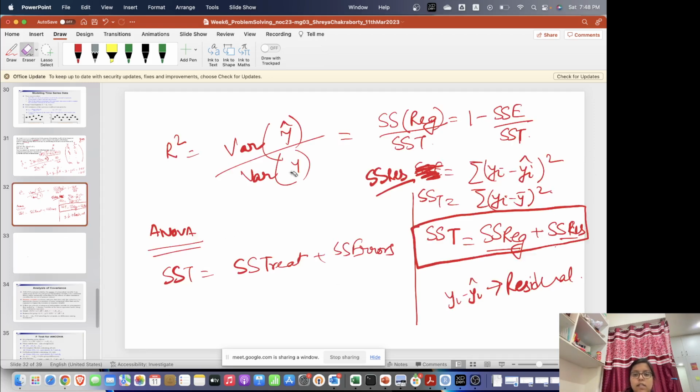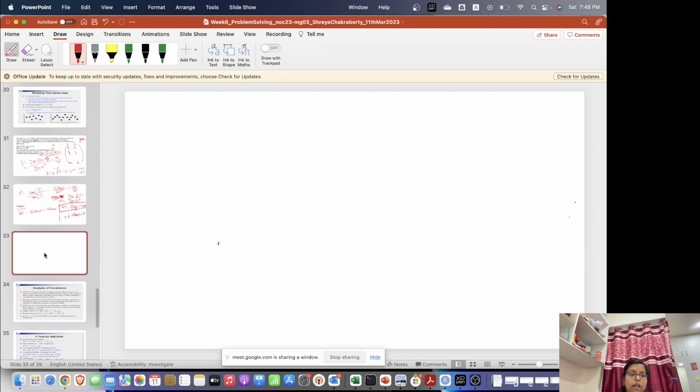Okay, I hope it's clear to everyone now. What do we mean by R square? R square is sum of squares due to regression by total sum of squares. Here sum of squares due to regression is written as beta 1 square Sxx, summation xi minus x bar whole square.